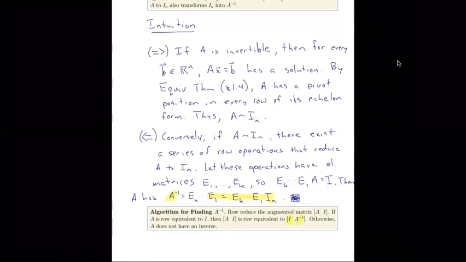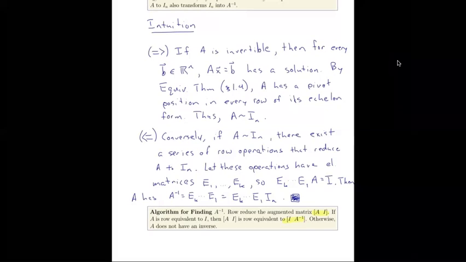So the most fundamental way to find the inverse of a matrix A is to write the augmented matrix A I, and then reduce it to I, or to its reduced echelon form, and we'll have I and A inverse.